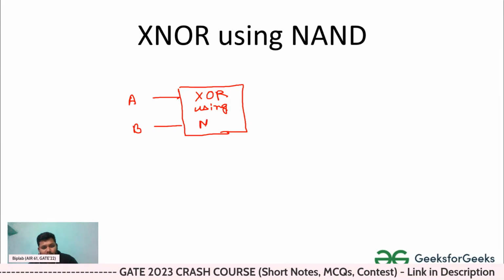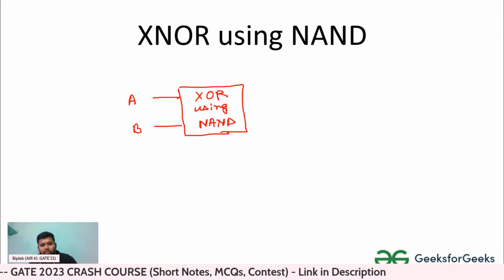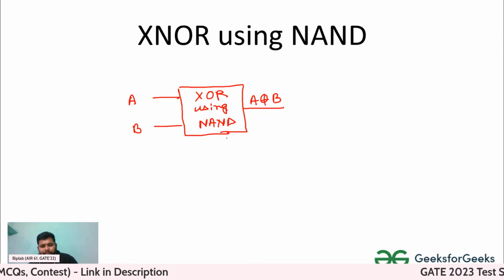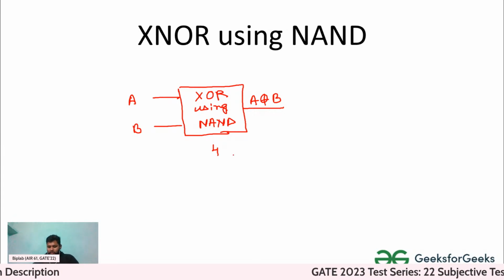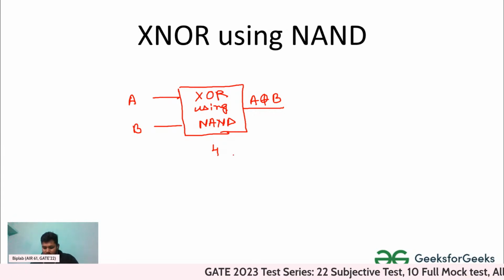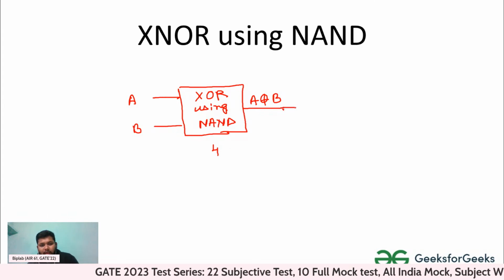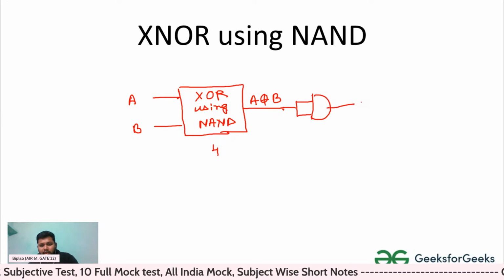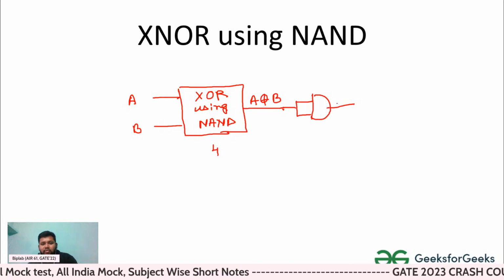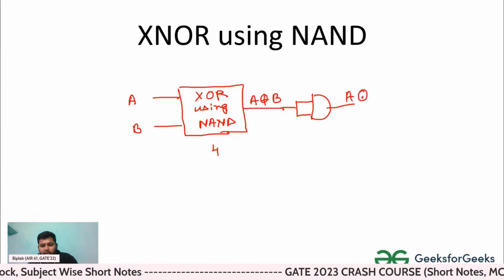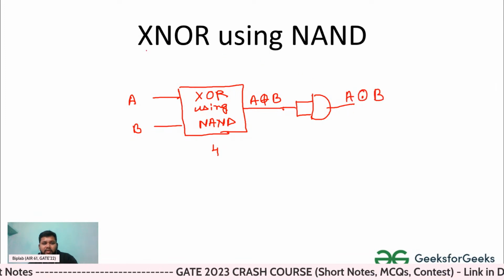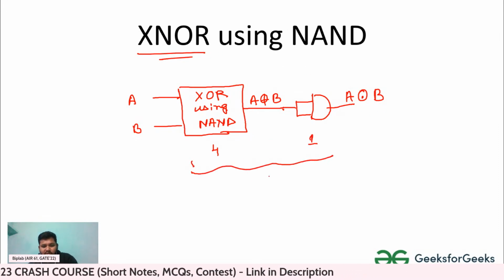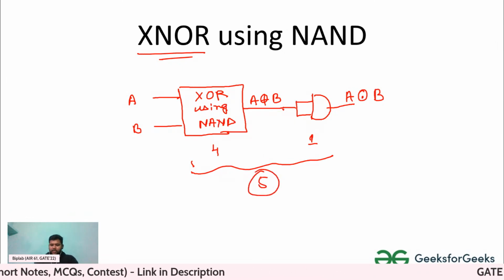The output you get will be A XOR B, and you will need four NAND gates here. Then you can add another NOT gate, so that NAND will complement this output, and the result will be A XNOR B, that is the XNOR. So how many total gates are needed to do this? That is 5.